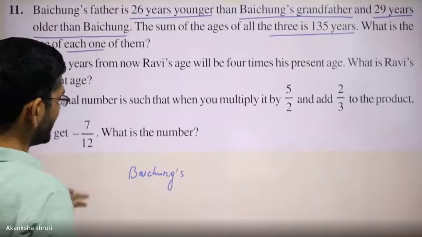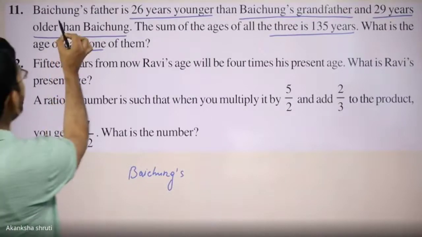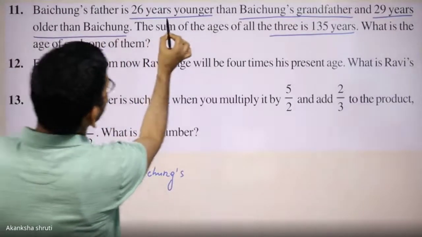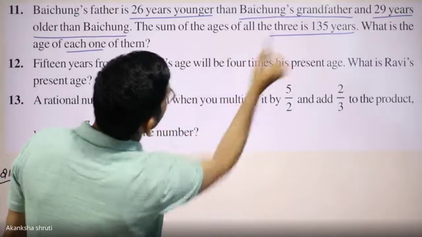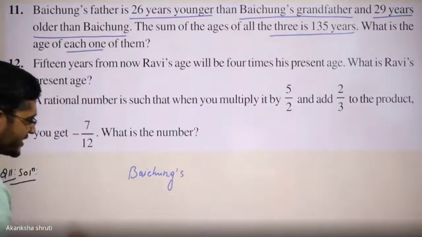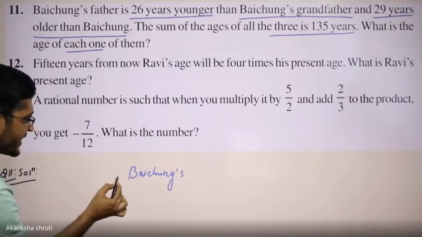Okay, student, understand this question carefully. So it is given that Bechung's father is 26 years younger than Bechung's grandfather. So Bechung is here. So Bechung's father is there and Bechung's grandfather is there.